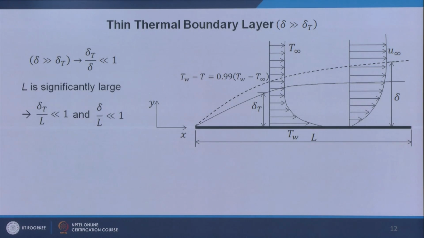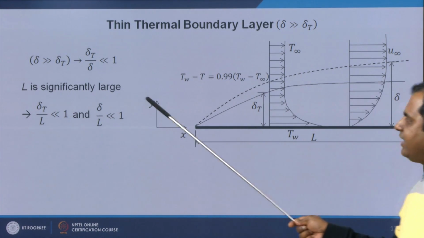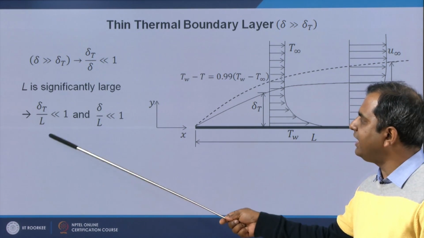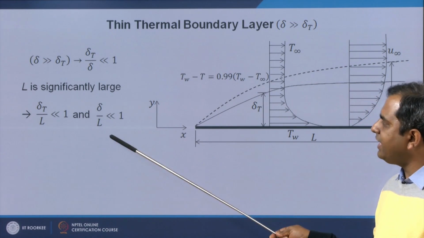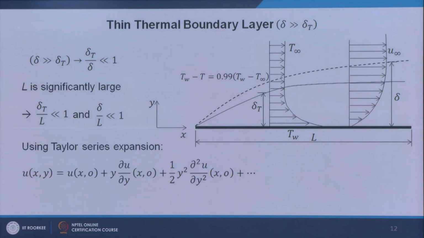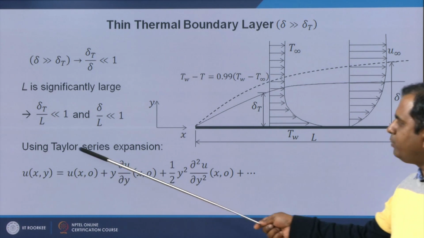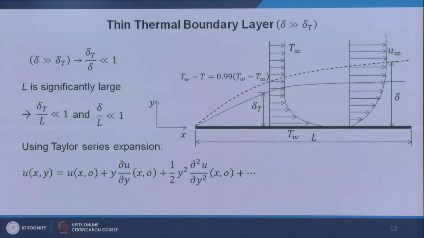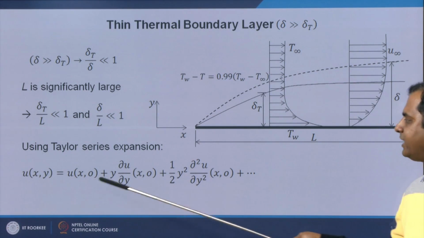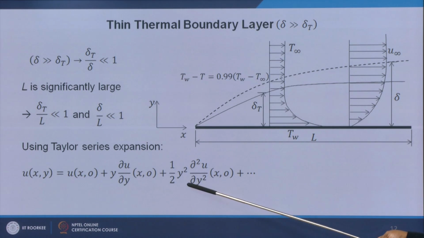So if L is significantly large, then delta T by delta is smaller than 1 and delta by L is smaller than 1, and in this case we will go for a Taylor series expansion. If we do the Taylor series expansion for U, we can write U is equal to U at the wall plus Y del U del Y plus half into Y square del square U del Y square plus so on, the higher order terms.